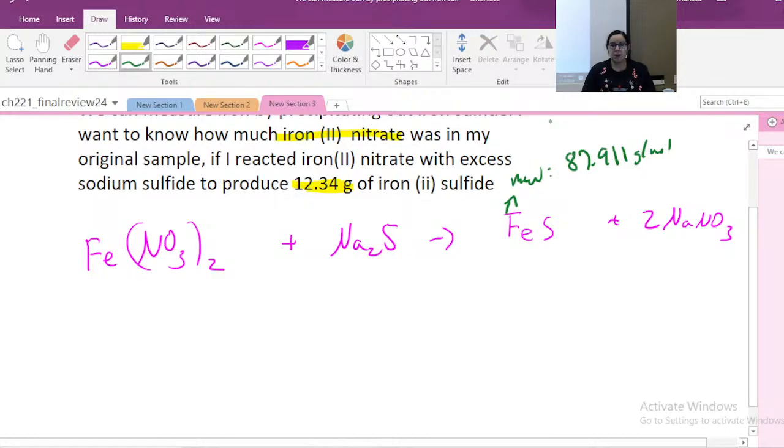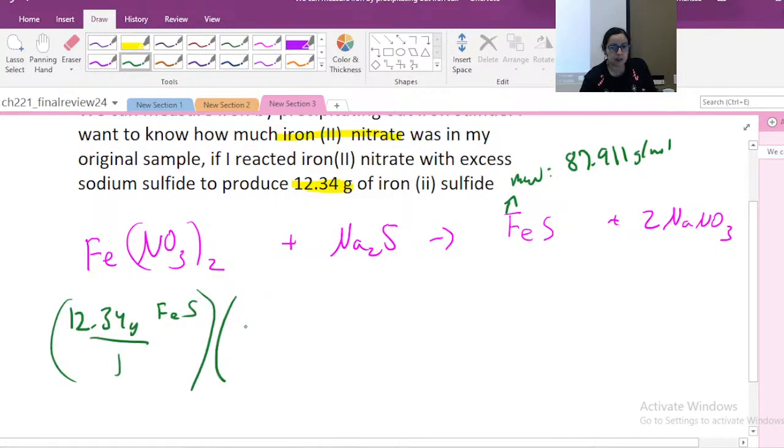So I have about 88 in my notes. That looks good. All right, so let's find moles then. So 12.34 grams of our iron sulfide. Let's find moles of it.